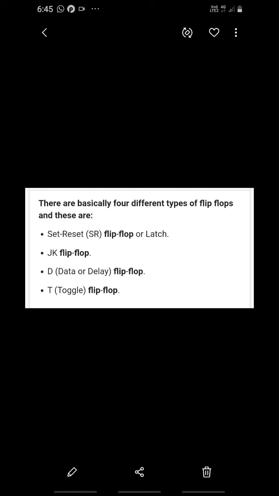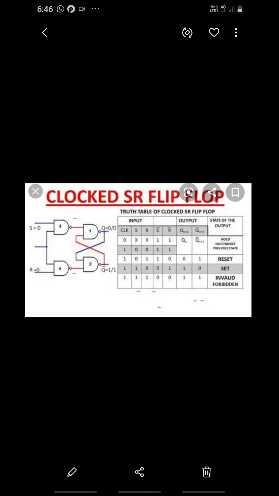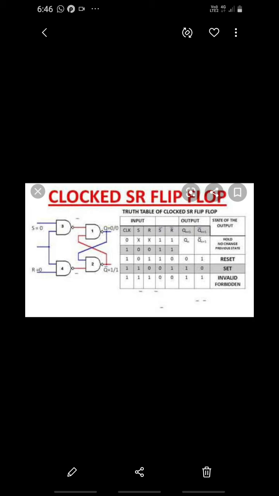JK flip-flop, D flip-flop, D means data or delay flip-flop, and T flip-flop, T means toggle, and the fifth one is the master slave JK flip-flop. Now I am explaining about the SR flip-flop.